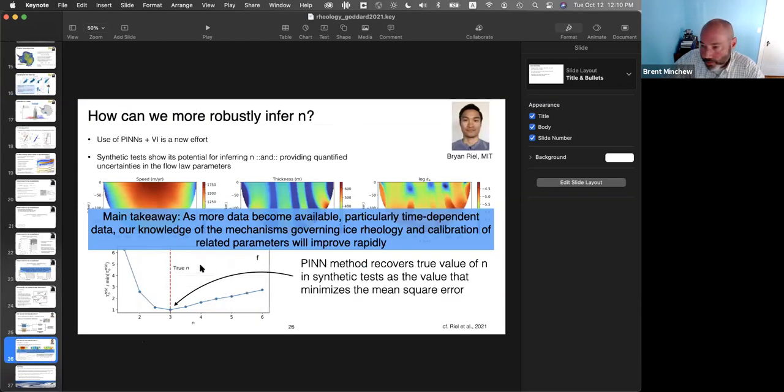The way we get to an estimate of the stress exponent at the moment is prescribing a stress exponent, tuning the prefactor within the constitutive relation, and looking at the mean square error in this case between the basal drag and all these other bits, knowing that the basal drag should be very close to 0 within the ice shelf.